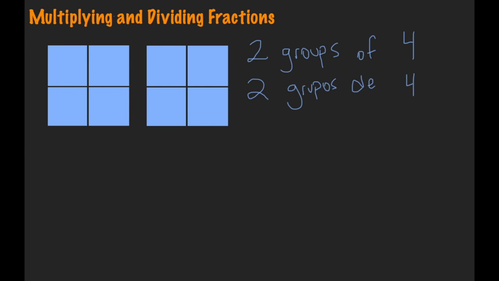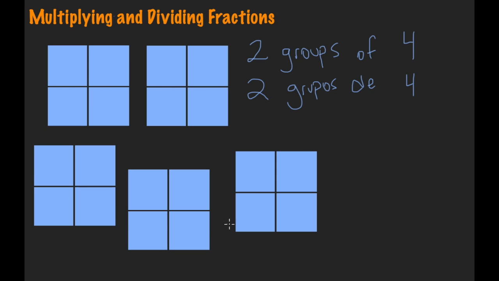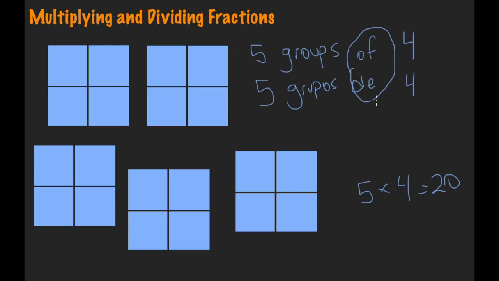If I show you these squares and I ask you how many small squares we have, you don't need to count every individual square. You just count the groups. So in this case, we have 5 groups of 4 squares. That would be 20. As you see, the word "of" here is very important. Of, or "de" in Spanish, belongs to multiplication.